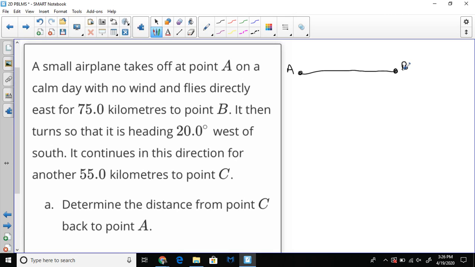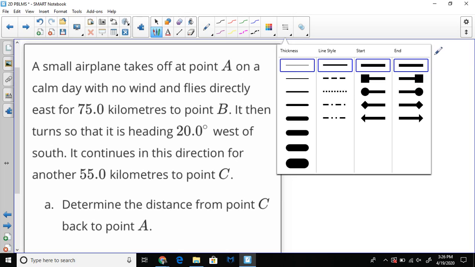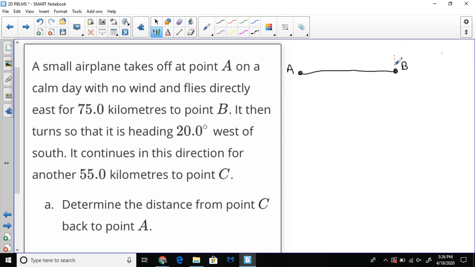It then turns so that it's heading 20 degrees west of south. So again, what I can do is use what we were doing previously. Here we are heading 20 degrees west of south.